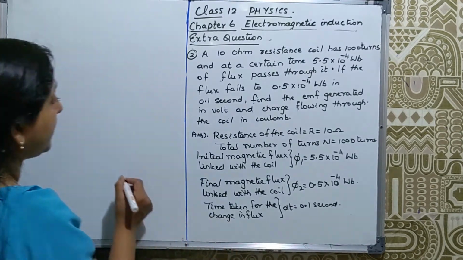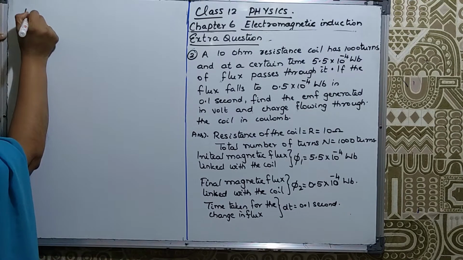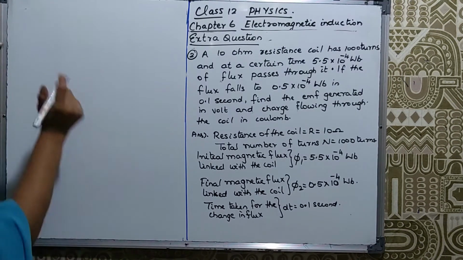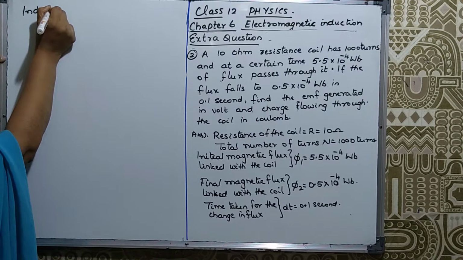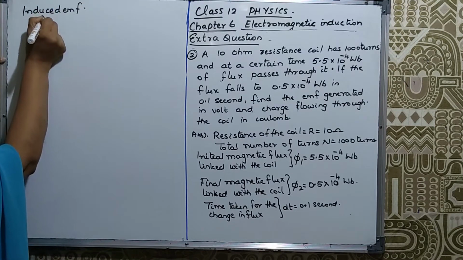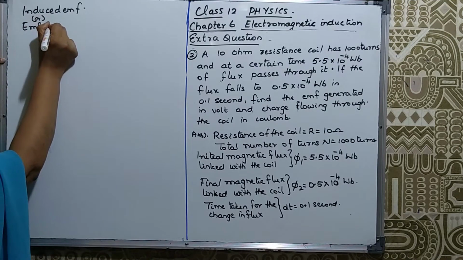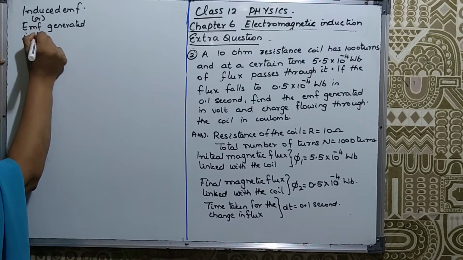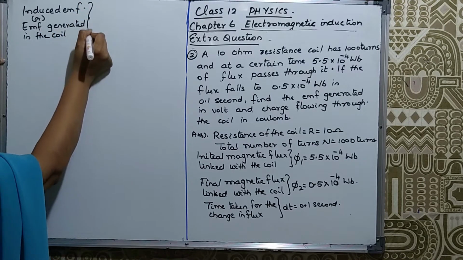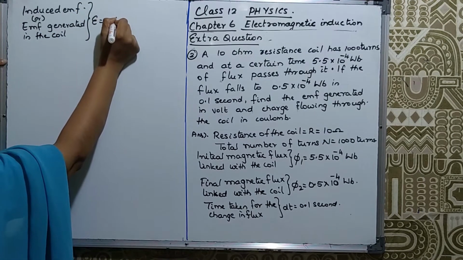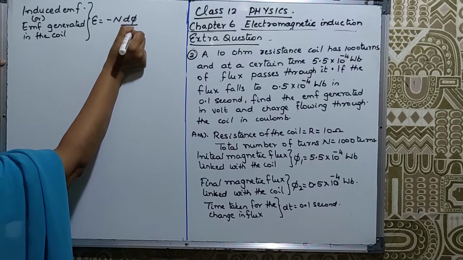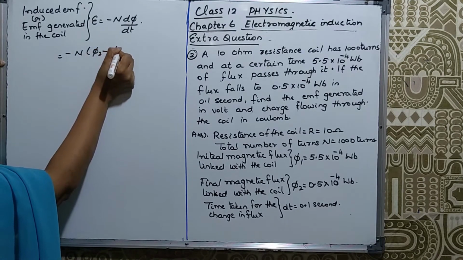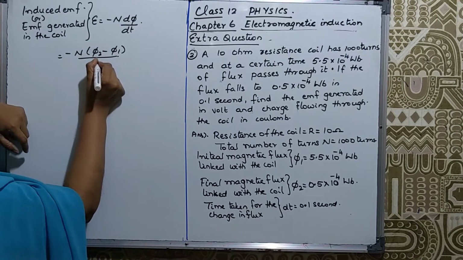EMF generated in the coil, or induced EMF also you can write, that is epsilon equal to minus n into d phi by dt, which can be written as minus n into phi2 minus phi1 divided by t.